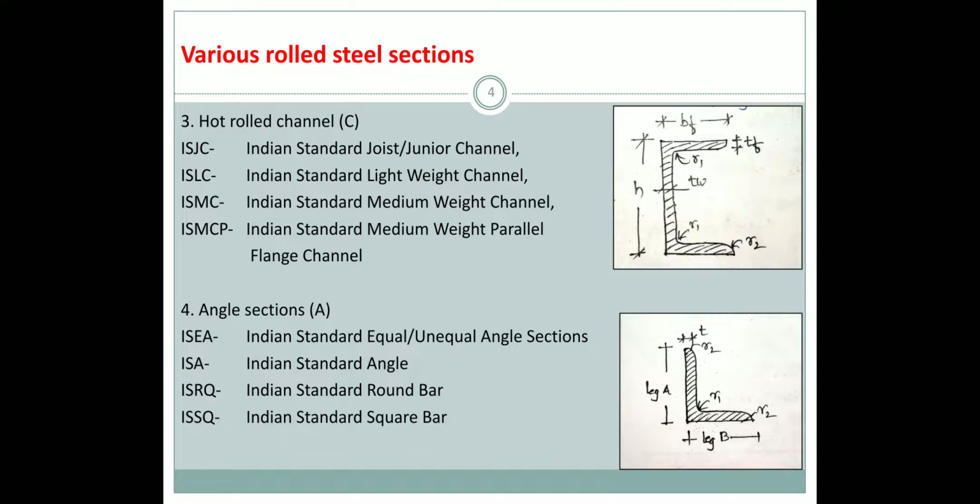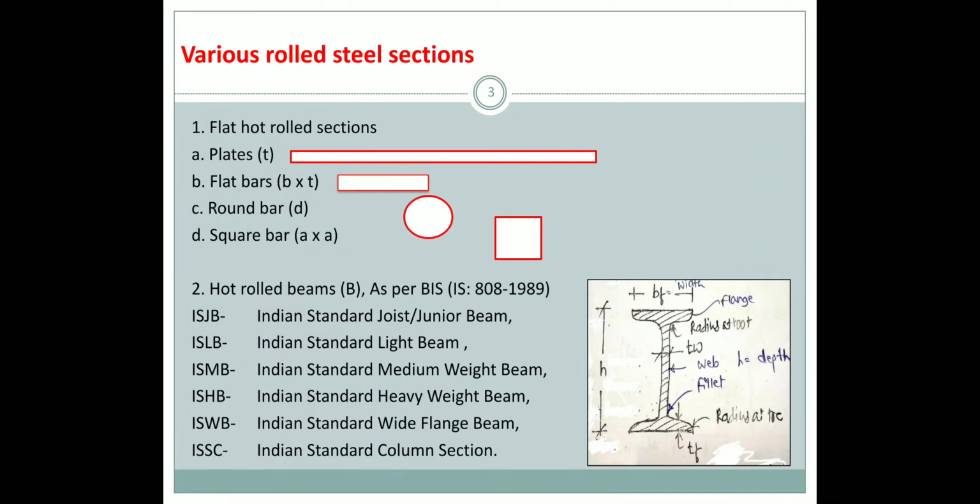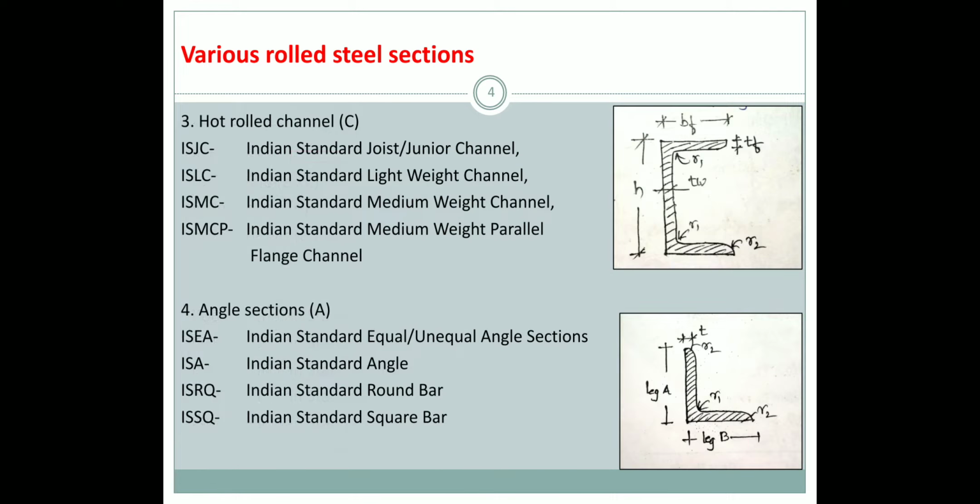Next is hot rolled channel sections. In the given channel section figure, R1 is the radius at root and R2 stands for radius at toe, where the width of the channel section is denoted by BF, the depth of the channel section is H, and the thickness of the top flange of the channel section is TF.